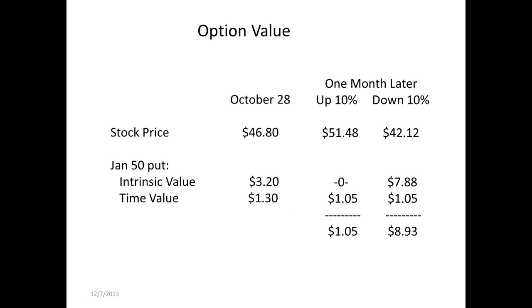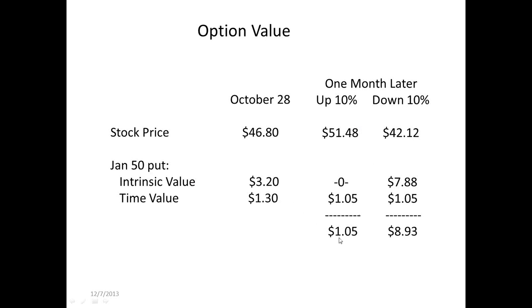Now you were looking for it to go down, and if it does go down 10% down to $42.12, then the difference between 50 and 42.12 is $7.88. That is now the intrinsic value of this 50 put. With the time value the same as whether it goes up or down.